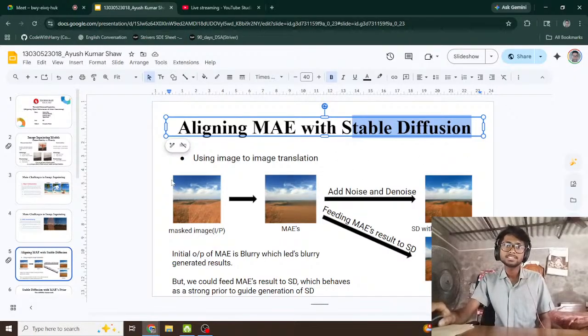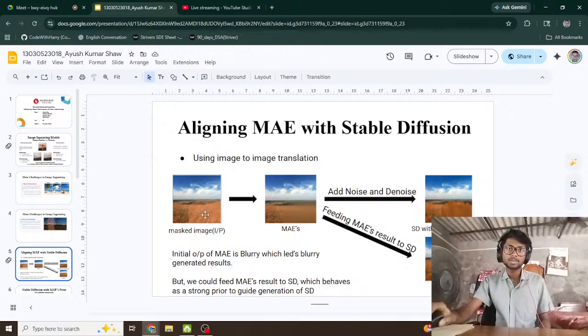What I mean to say is that if there is an image with a masked region, and we pass that image to the MAE, the MAE outputs an image with the masked regions being blurry at the initial stages. Okay, and if we then add the noise and denoise it, it results in a picture which has a blurry portion in the masked region.